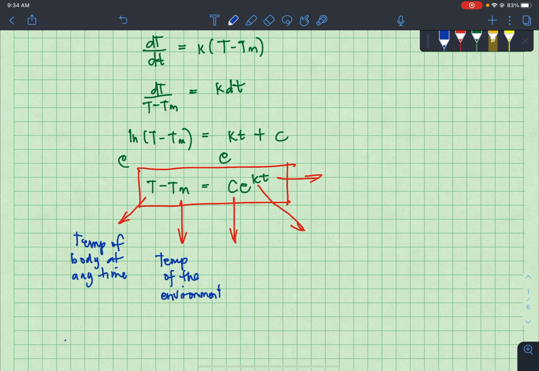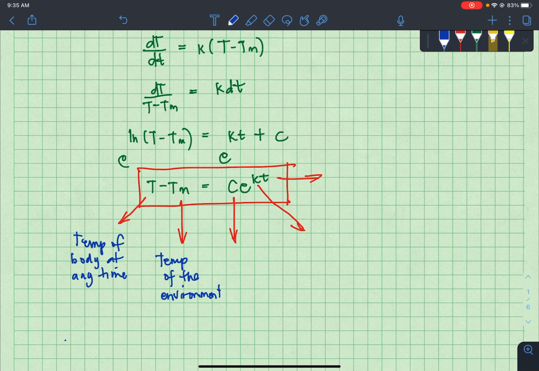Since we are talking about two temperatures, the temperature of the body and the temperature of the environment, we have to distinguish which is which. The temperature of the body is the one that is moving, or the object, while the temperature of the environment is where that object is subjected.